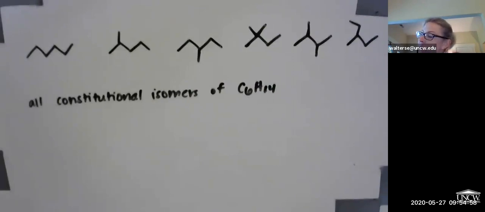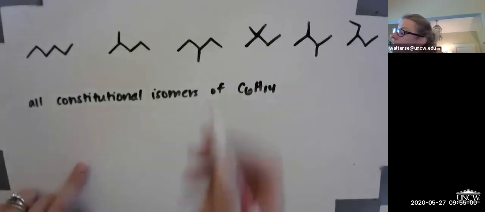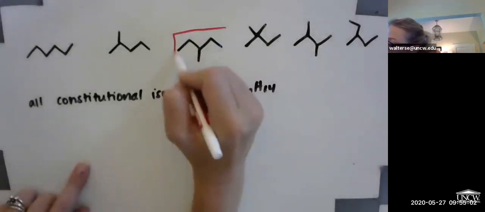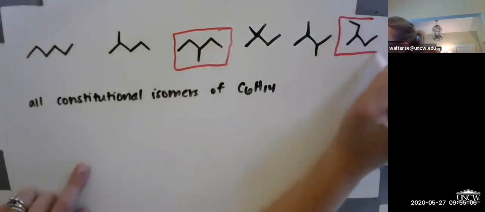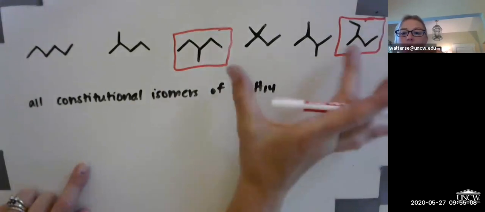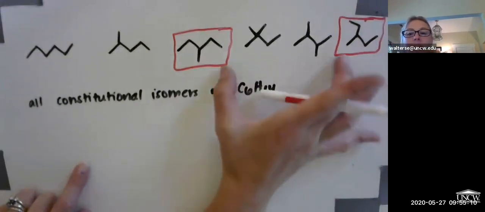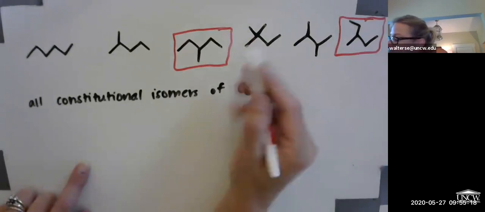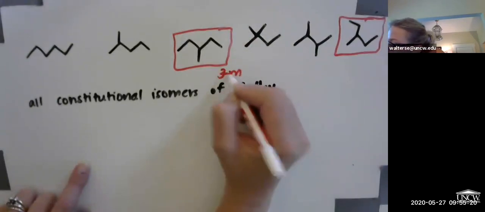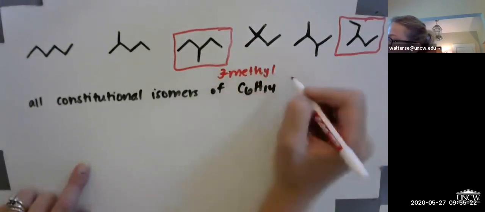Because of free rotation, it's not obvious that this isomer is identical to this one. The only way that you would be able to tell if these were the same would be to name them. And in both cases, you would get 3-methylpentane. That's what this one is. 3-methylpentane.